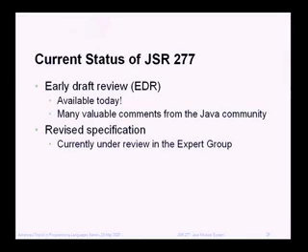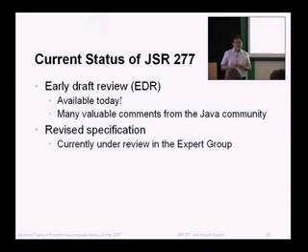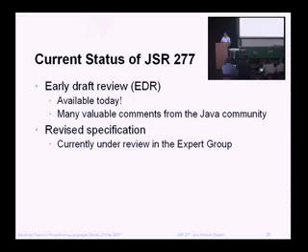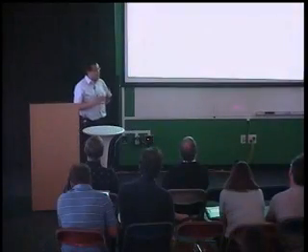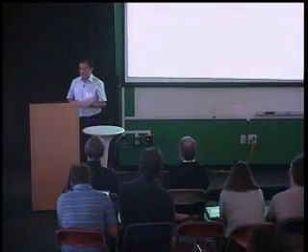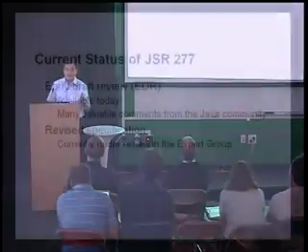Okay, so I hope we have provided enough information for you to understand the high level of the Java module system. So what is the current status of JSR 277? The early draft review has already been published, and it is available today. If you're interested, you can go to the JCP website to download it.